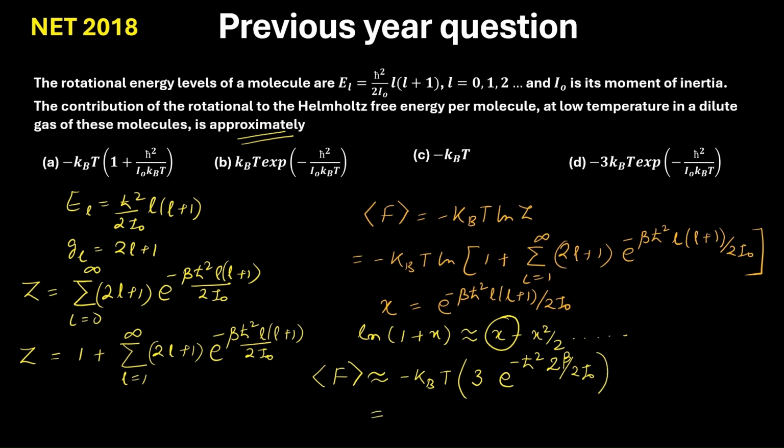So this is equal to minus 3 kBT e to the power, so this 2 will cancel out, e to the power minus h bar square by kBT I naught. So this is the answer. So I think it is matching with option D.